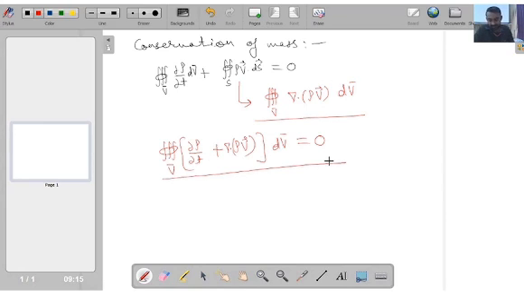Now the point is, because this particular equation is equal to 0, whenever we use this dv bar, if say this is the point at which I want to apply the continuity equation, around this point I take a small differential element which has volume dv bar.